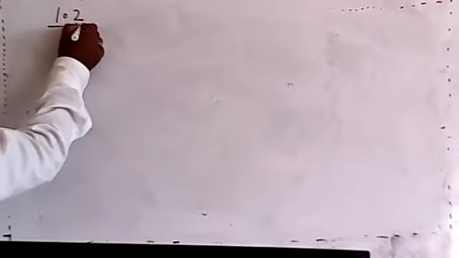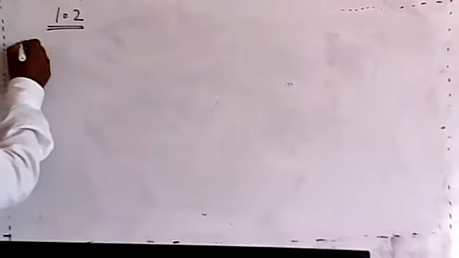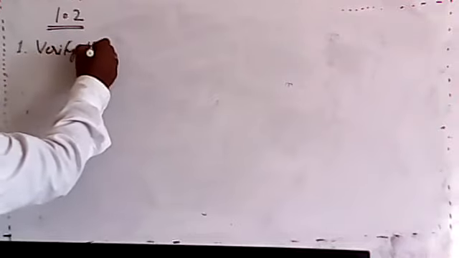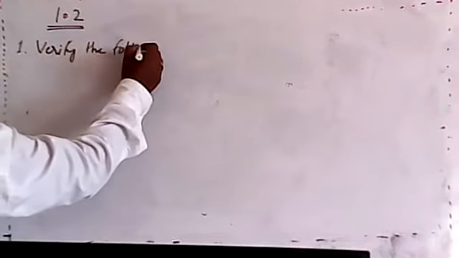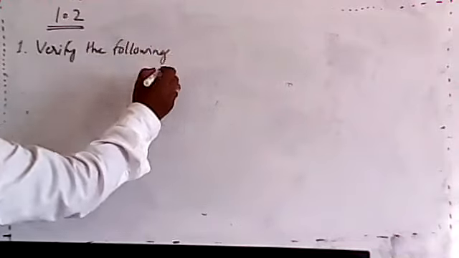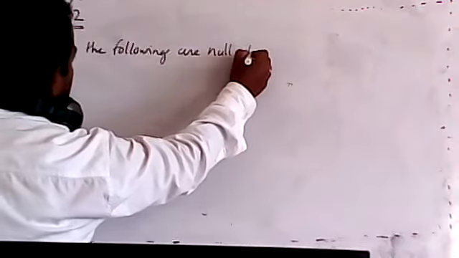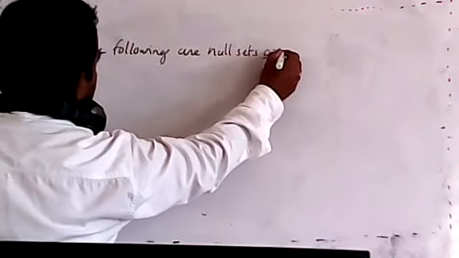Let's see some problems in exercise 1.2. State which of the following are examples of null sets. They're asking whether the following are null sets or not. Verify whether the following are null sets or not.